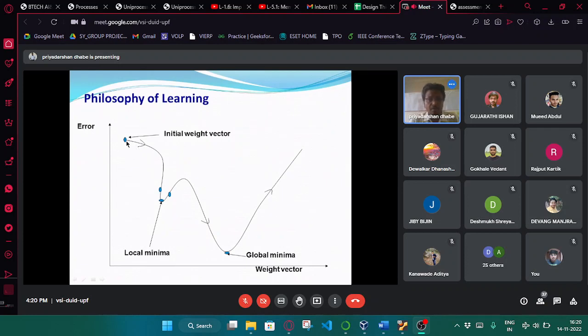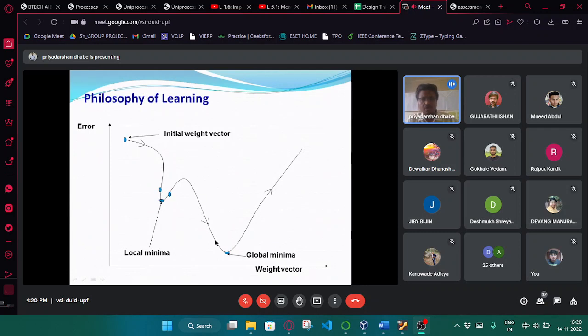Then from this particular weight vector, because I can plot the weight vector as a point, I can move ahead and adjust the weights in such a way that the error between the desired output and the actual calculated output within the neuron should be minimum.